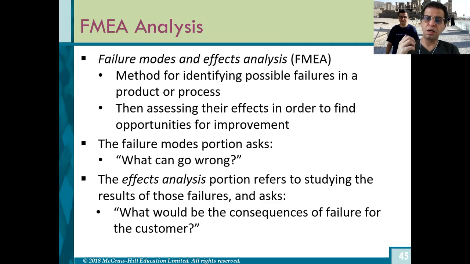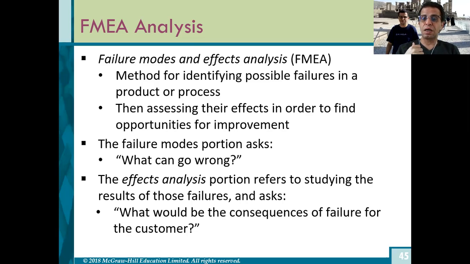FMEA analysis. FMEA, or failure mode and effect analysis, is a method for identifying possible failures in a product or a process, testing, then assessing their effect in order to find opportunities for improvement.